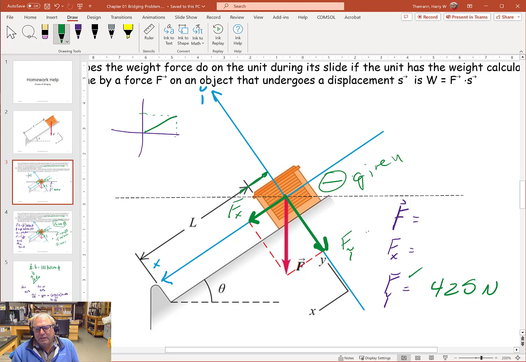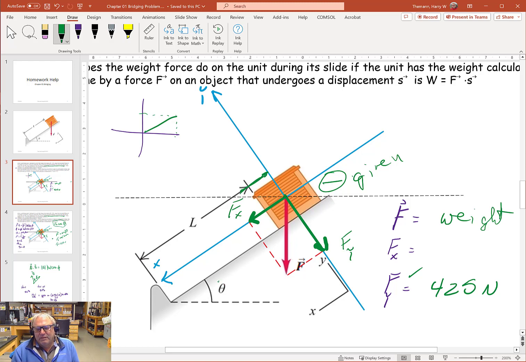Which one is the weight? Well, remember, your weight vector points straight down. So this is the weight. Now, you know that sine and cosine are involved here. You have to decide where to put theta.